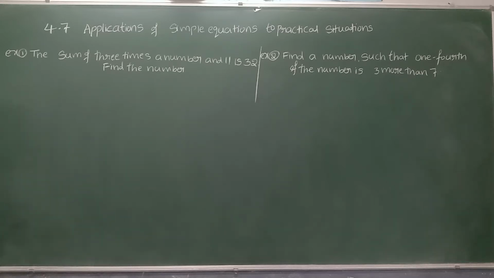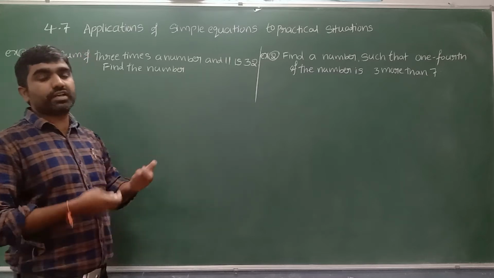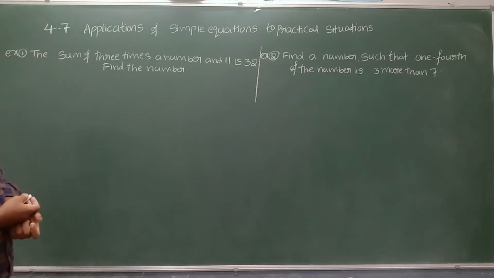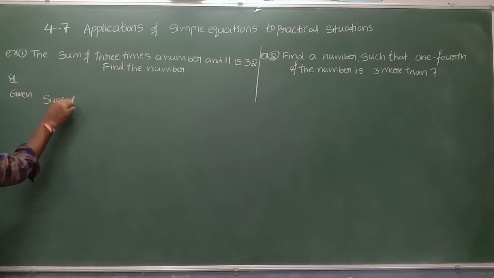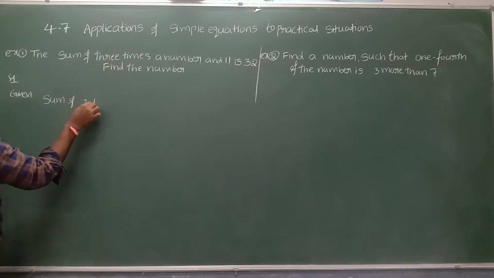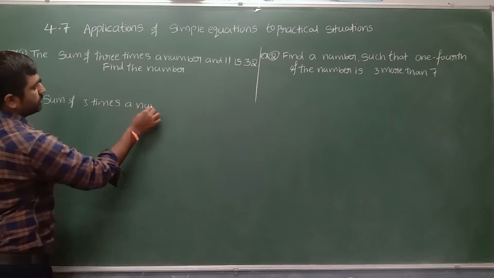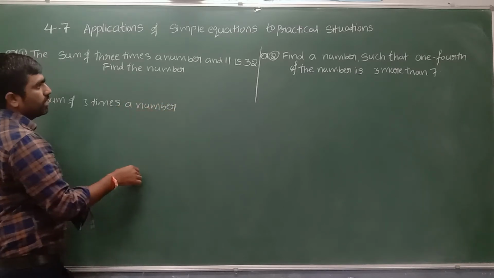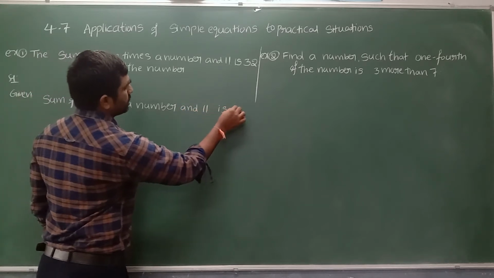So first we need to identify the unknown value, and express that unknown value with the help of a variable. Let me write the solution. Given: the sum of 3 times a number and 11 is 32.